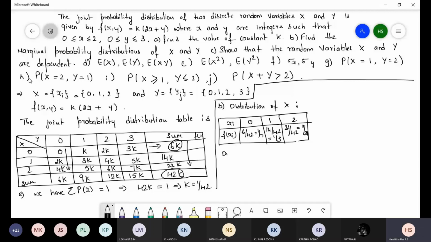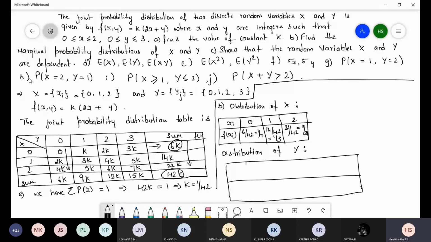Next, distribution of y. Here we have 4 values of y. I write yj and g of yj. First value is 0, that is g of y1: 6 into k means 6 into 1 by 42, that is equal to 1 by 7.